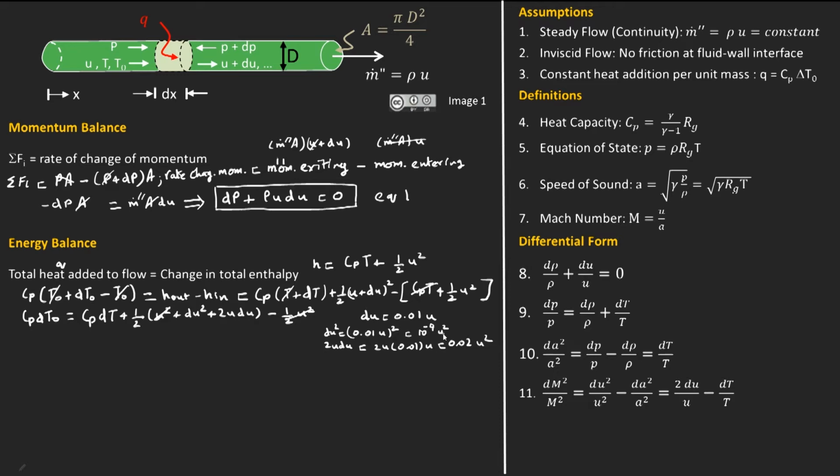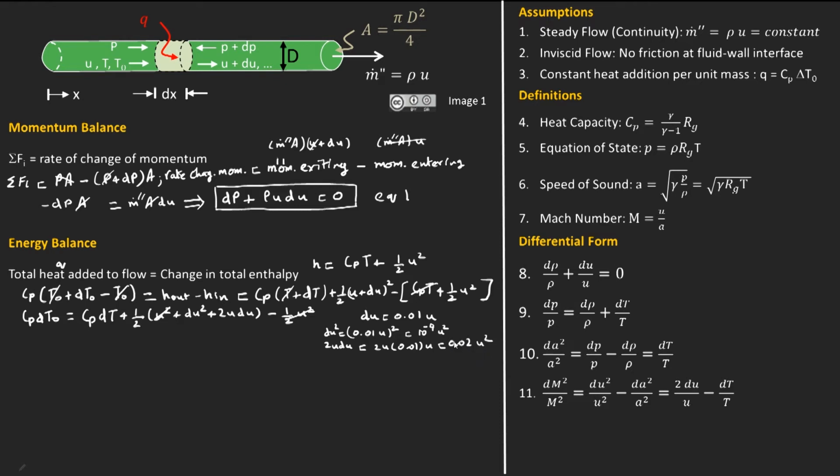Alright, let's compare these two quantities numerically and understand which one is going to be more important. This quantity, which was du square, is 10 to the minus 4, or 1 by 10,000 times u square, whereas this quantity is going to be 2 over 100, which is 0.02, which will be 1 over 50. So we have 1 over 50 times u square.